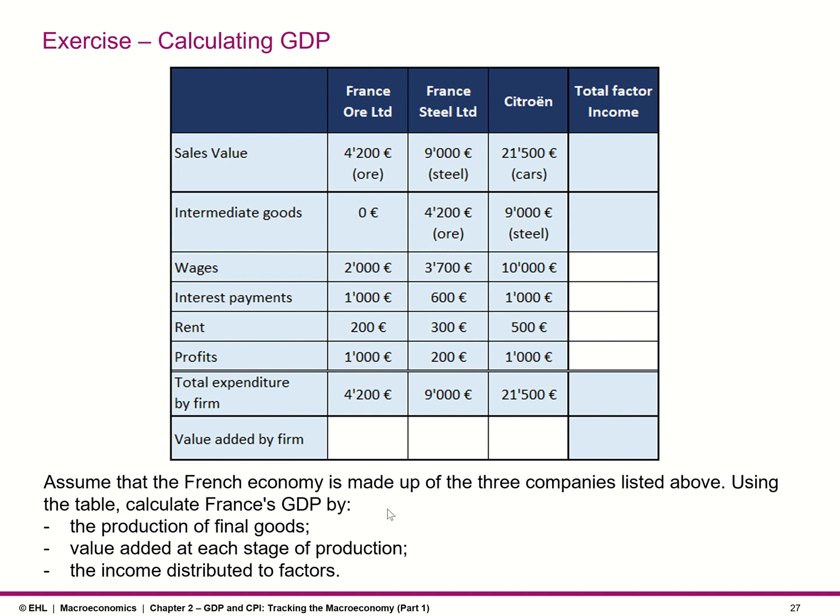So we will find GDP. You can find the same value of France's GDP by using any of these three methods. Please pause the video and try to do that yourself. It's very easy, but it's just so that you get used to the fact that these three methods are actually calculating the same thing, but from a different perspective.